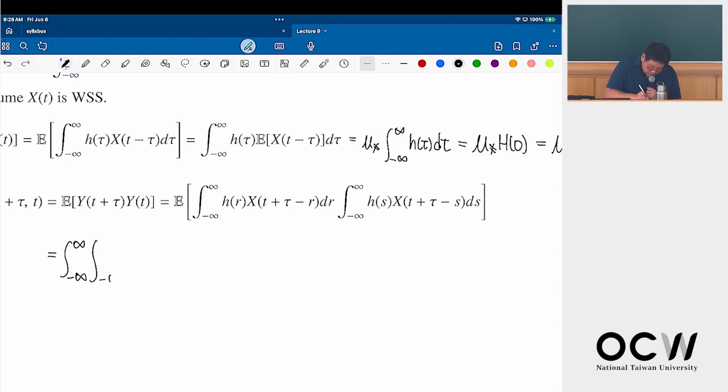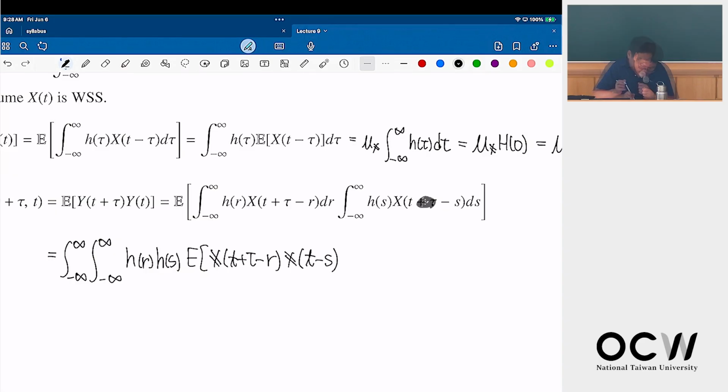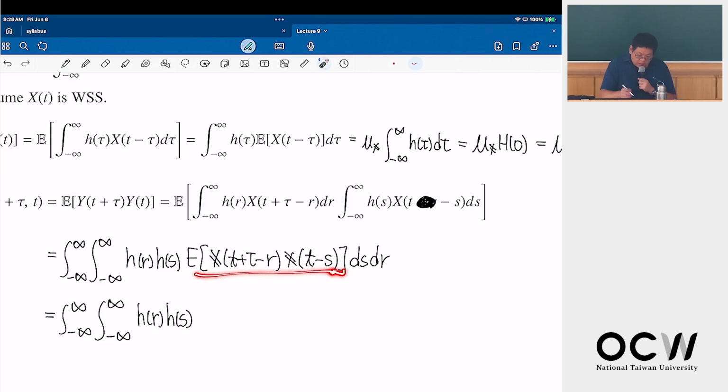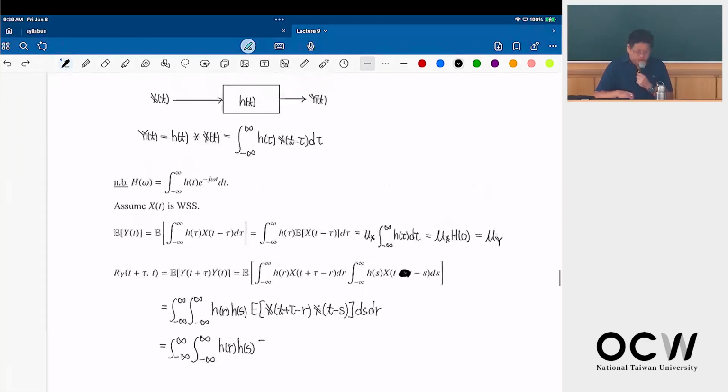So if it is inside the integral, I have h(r), h(s), then the expectation of X(t plus tau minus r) and X(t minus s), ds, dr. And for this one, first minus the second, because this is the autocorrelation for X, and we know X is wide-sense stationary.